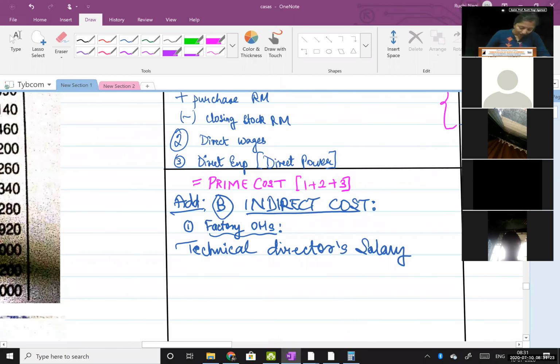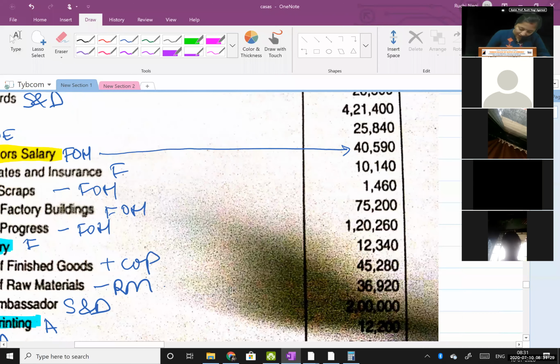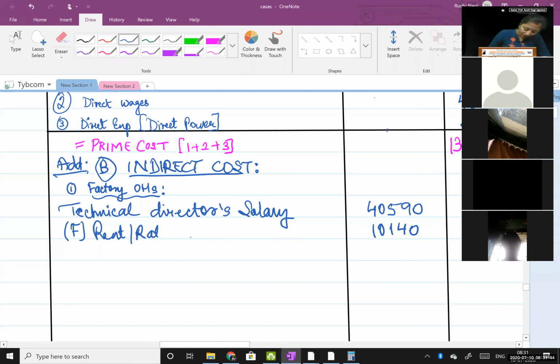Okay. Next, factory rent, rates and taxes, 10,140. Factory rent, rates and taxes.